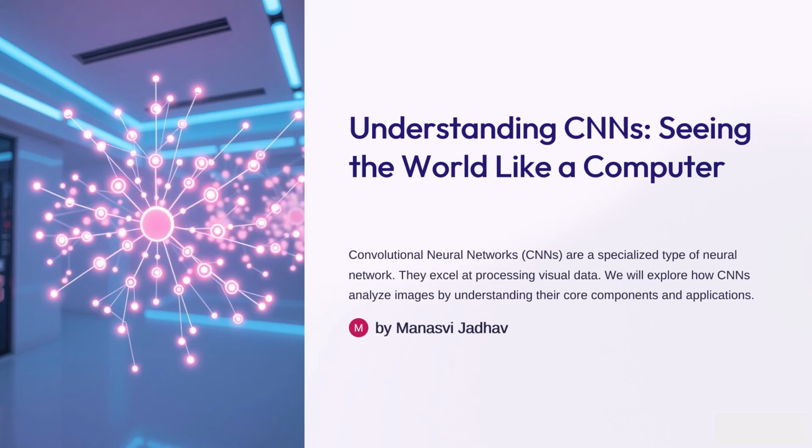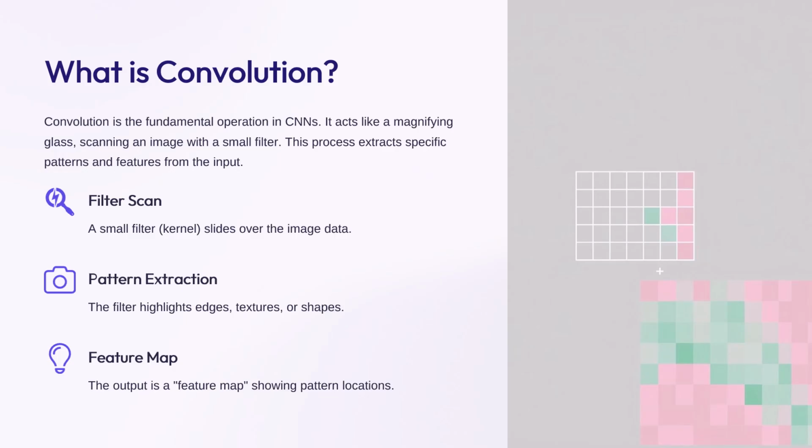Let's talk about the first step, convolution. This is what gives CNNs their name. Imagine you have a magnifying glass and you are moving it over different parts of an image. This magnifying glass is called a filter or a kernel.